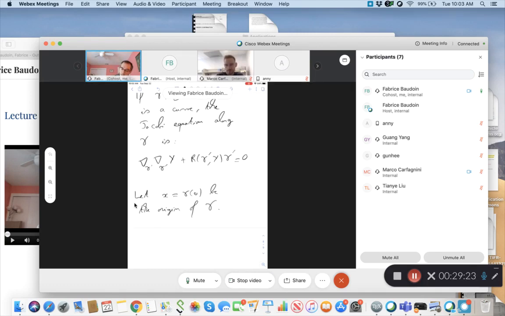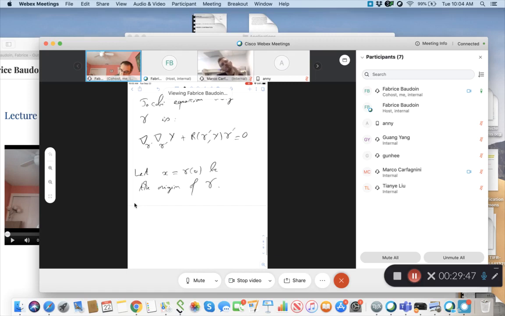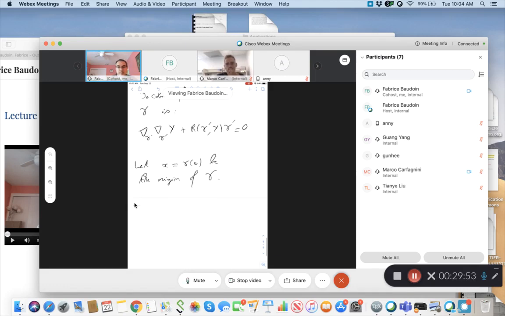Okay, so x is the origin of gamma. I'm going to consider a frame at the point x. That is, let x_0 up to x_{n-1} be a frame, a basis of vectors at x. This is only a basis at the point x.